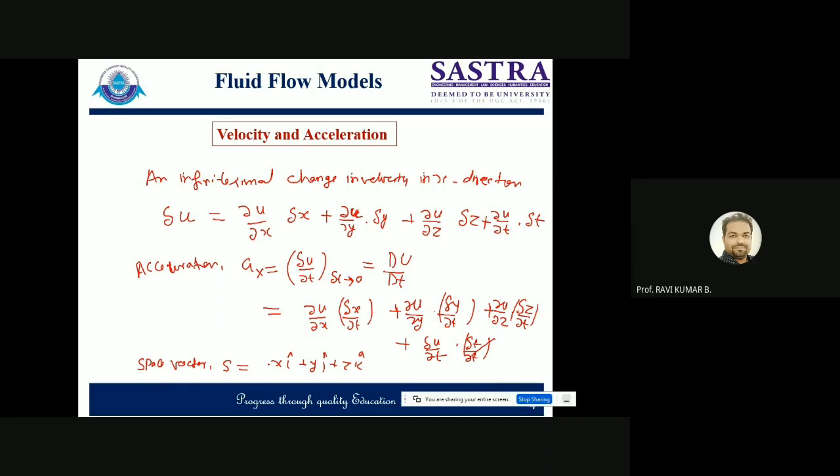Change in distance with respect to time is velocity. So whatever you are getting, dou x by dou t, is a velocity along x, right? And this is dou y by dou t. This is what? Velocity along the y direction. And what is this? Dou z by dou t. Velocity along the z direction. So if I say this is u, this is v, this is w. Clear? This is u, this is v, this is w. So I can replace directly, right?